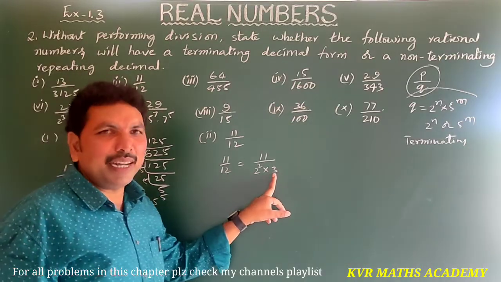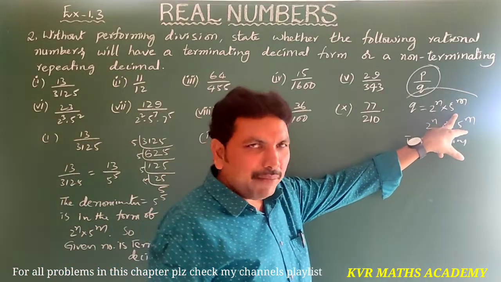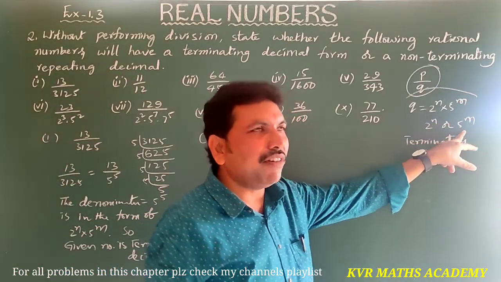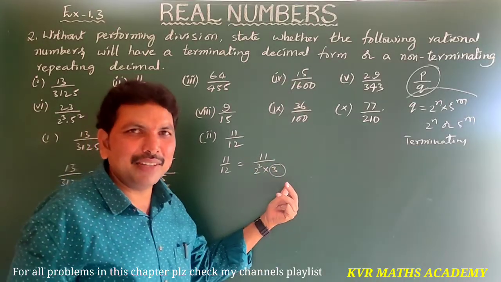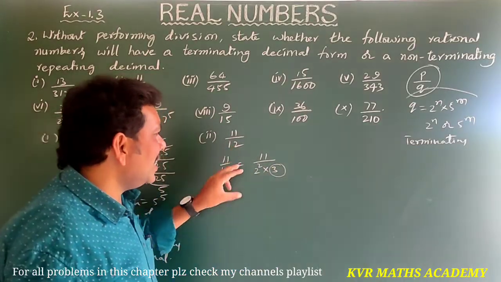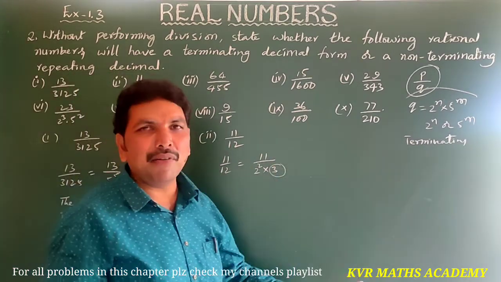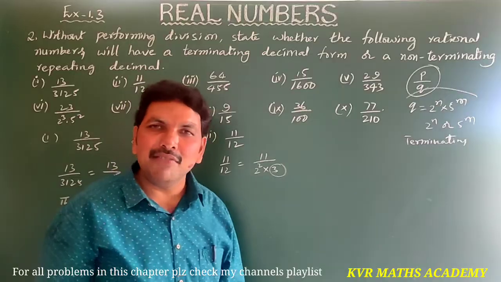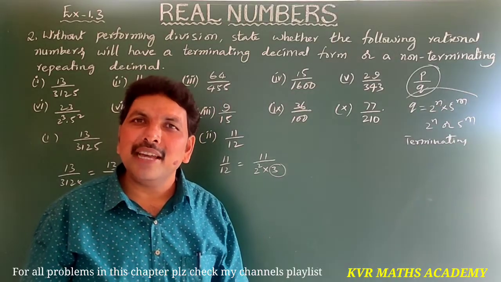Here we need the form 2 power n into 5 power m, or simply 2 power n, or simply 5 power n. Here an extra 3 is coming, no? So that's why the denominator is not in the form of 2 power n into 5 power m. So the given rational number is not a terminating decimal.